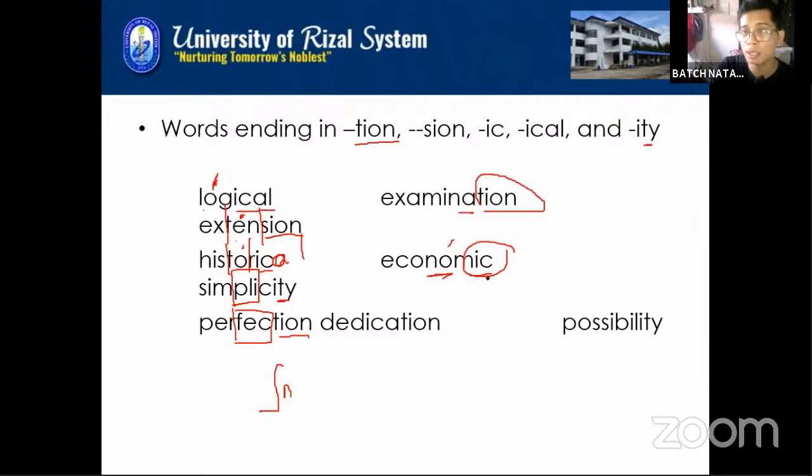We say economic, economic. Then we have dedication. The stress falls here because it is preceded by the suffix shon. So dedication. And then we say possibility, possibility.